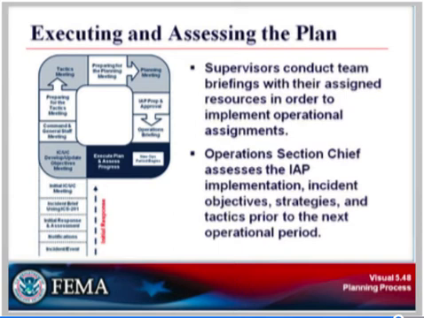The plan is evaluated at various stages in its development and implementation. First, all members of the command and general staffs review the final document and correct any discrepancies. Next, during the implementation of the plan, all incident supervisors and managers must continually assess the effectiveness of the plan based on the original measurable objectives of the operational period.